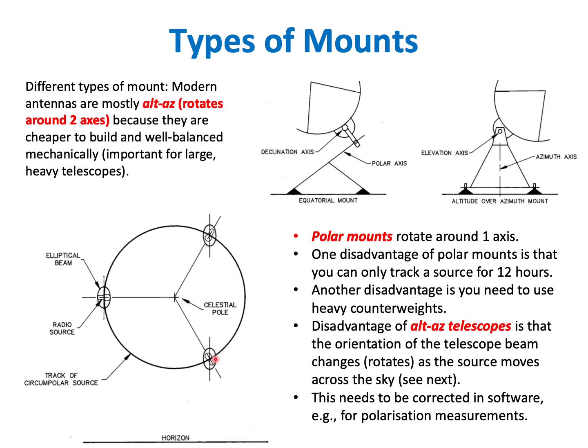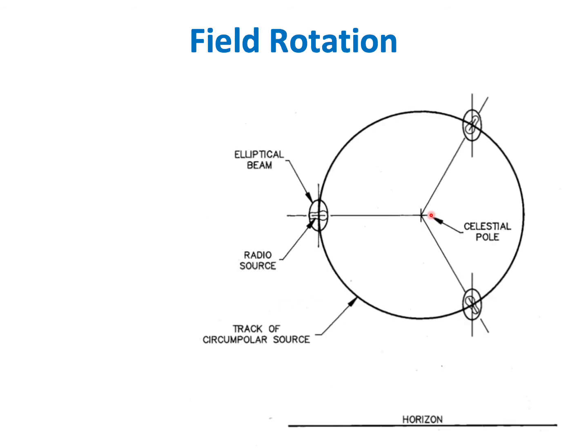So that's shown here. We'll just go to the next slide so we can get a closer picture. So if you have some source, so that's this little lobed structure here, that's going to be rotating around the celestial pole as the Earth rotates. Now, this ellipse here is our beam on the sky for an alt-az telescope.